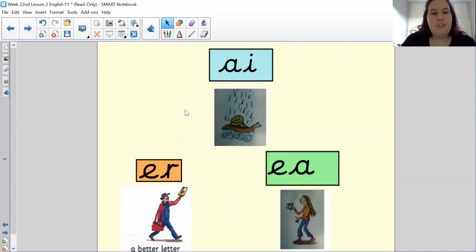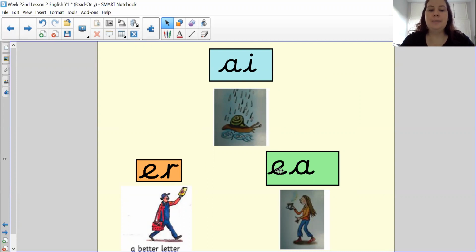And then these are some phonic sounds that are going to appear in some of our work today. A, snail in the rain. A, better letter.